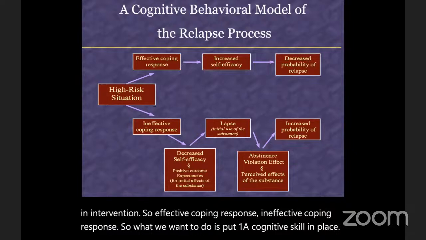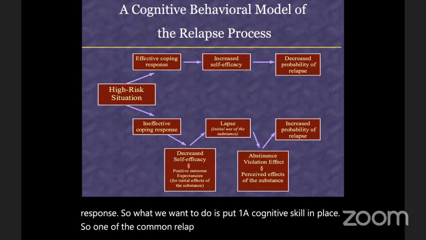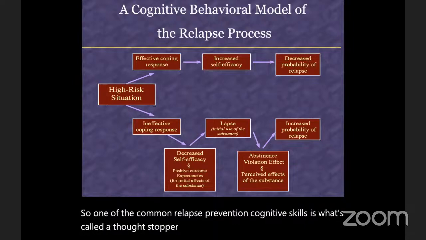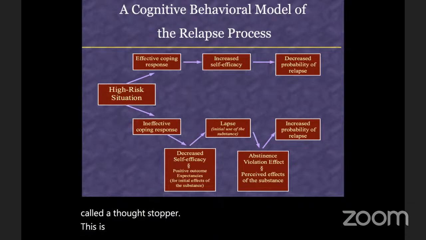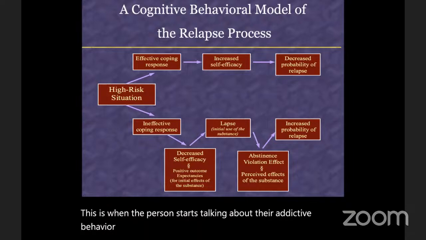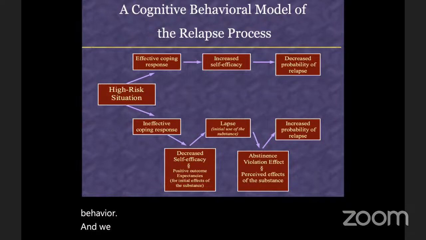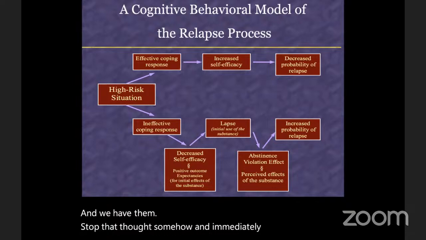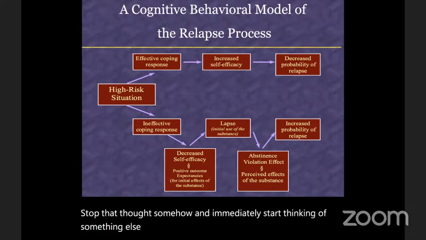One of the common relapse prevention cognitive skills is what's called a thought stopper. This is when the person starts talking about their addictive behavior, and we have them stop that thought somehow and immediately start thinking of something else.